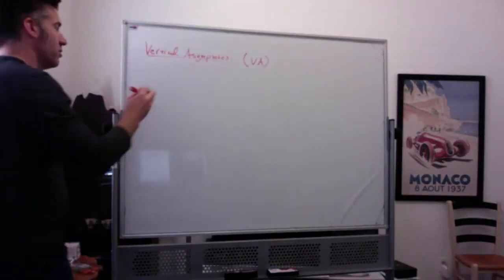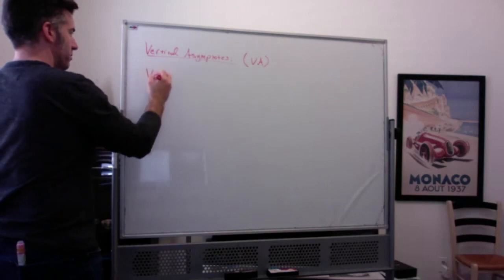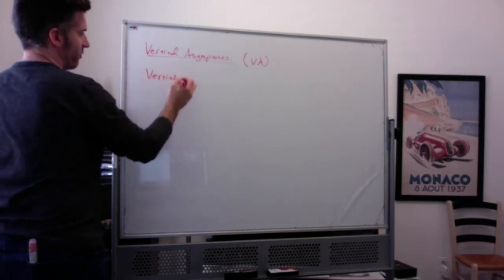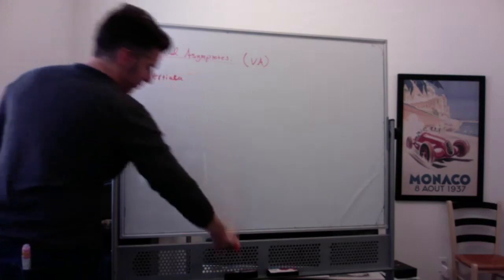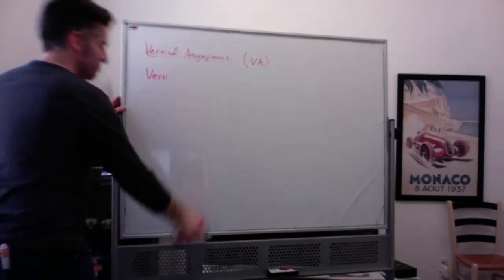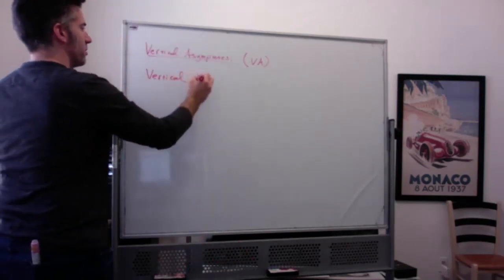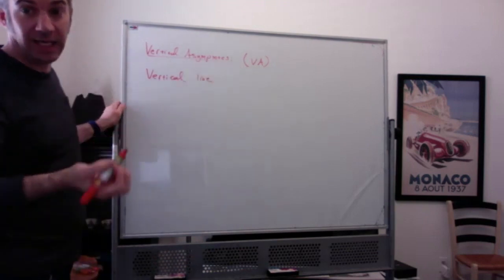A vertical asymptote is a vertical line, so it's something like x equal to c.